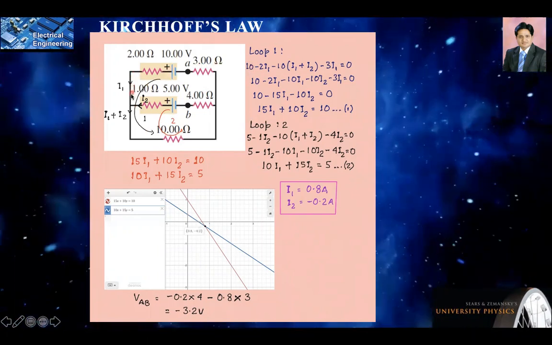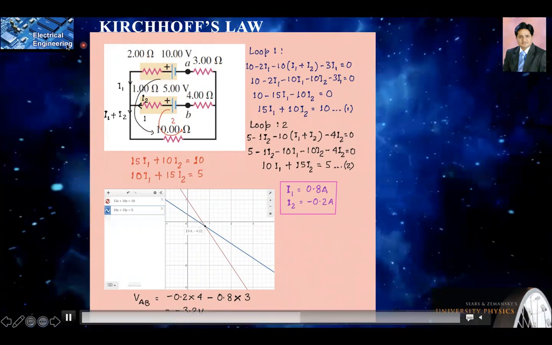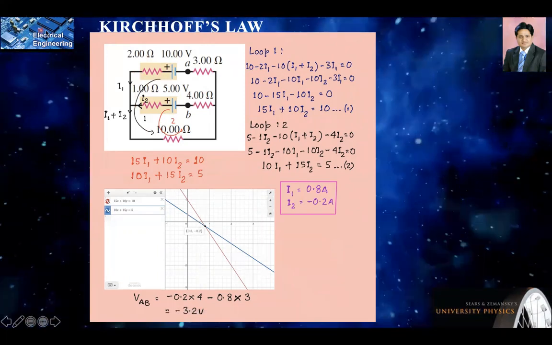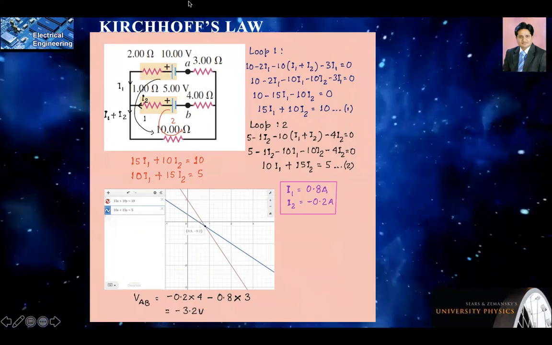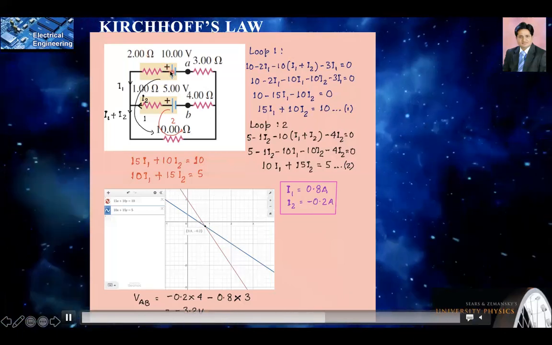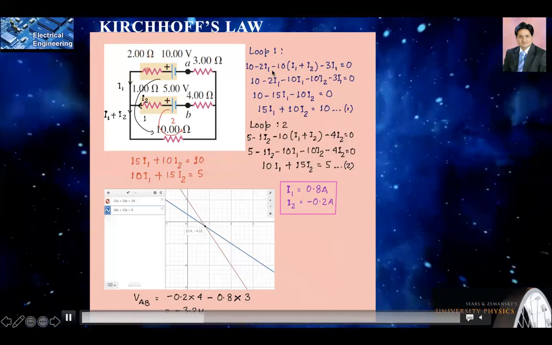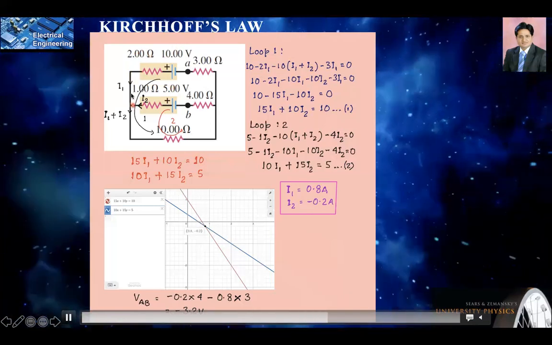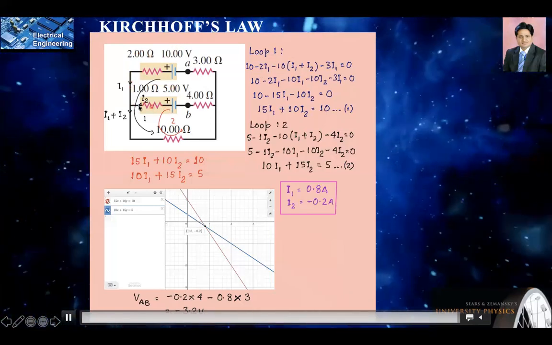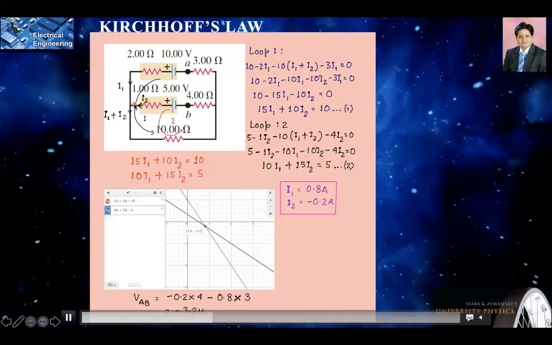Minus 2I1, because the current here, if you see here, 2 and I1 is the current and the resistance is 2 ohms. So this was 2I1. And now I2 current is flowing in this direction. Here you see I2 current is flowing.